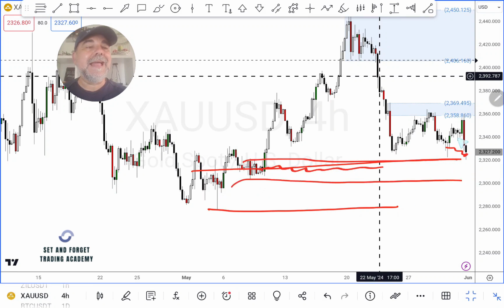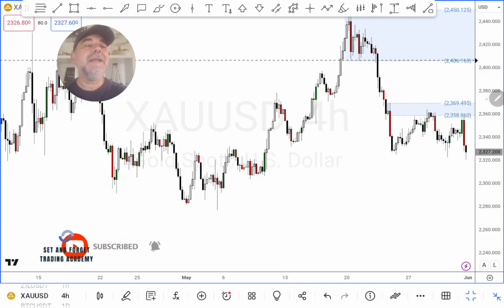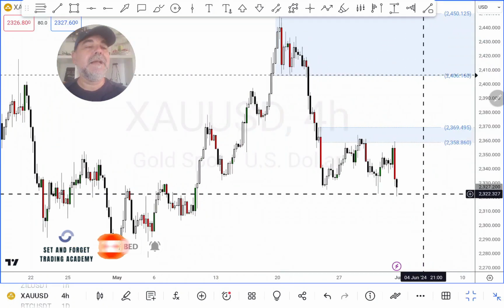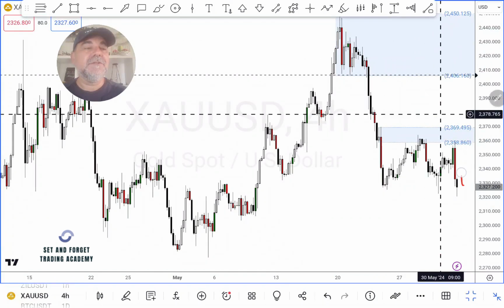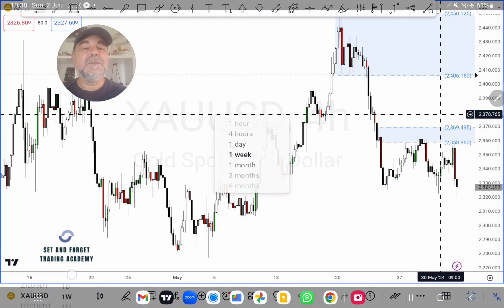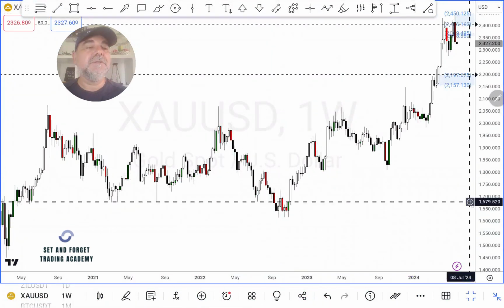So now, if you are short, you should be managing your positions to lock in most of the profits, or wait for a bigger pullback or a correction to the demand level to go long. Going long right now is silly. Even in the short term, with intraday strategies, it's not a good idea. So this is the expectancy, the supply and demand analysis for gold spot.